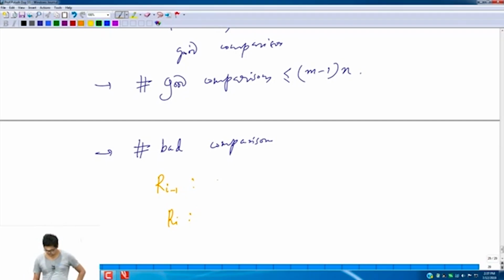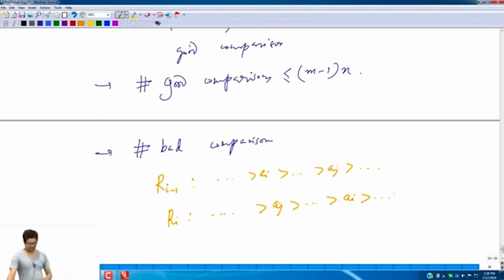So suppose in R_{i-1}, A_i is greater than A_j, and in R_i, A_j is greater than A_i. If they get compared, then we will call this comparison a bad comparison. That's from the definition of a bad comparison.